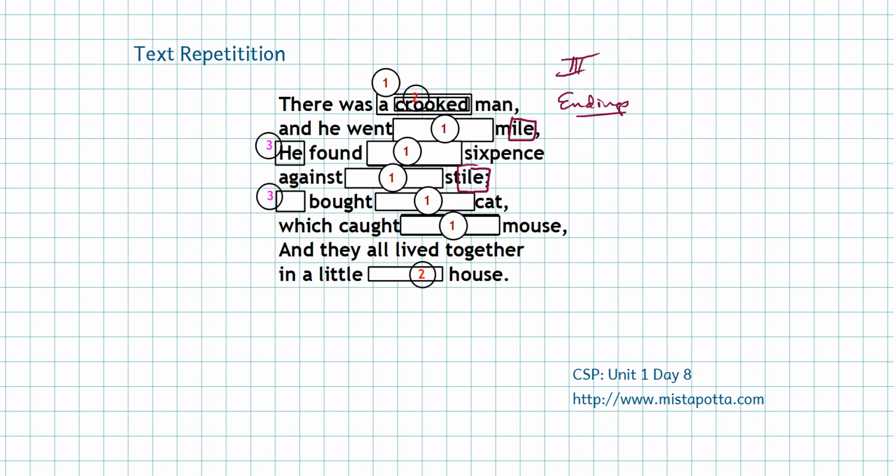I could also look at the "ouse" part of mouse and compare that with the "ouse" part of house. And even further, I could think of the "ought" part of bought, the O-U-G-H-T, and caught. It'd be really nice if caught were spelled that way, but it isn't. So I'm looking for endings, and I'm looking to match those up. I could label those with 4, 5, and 6 if I needed to.